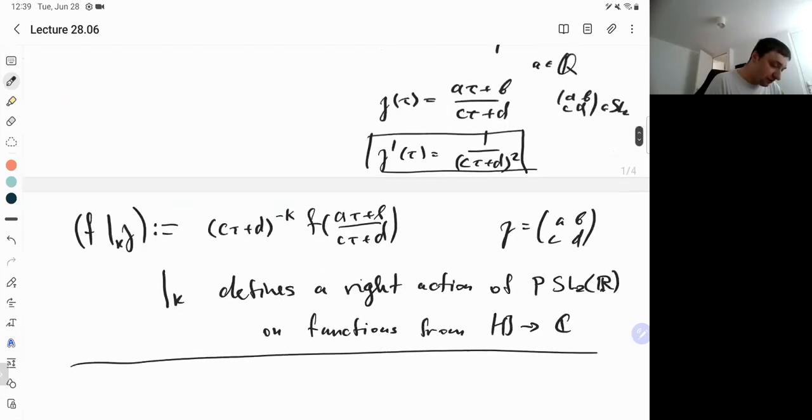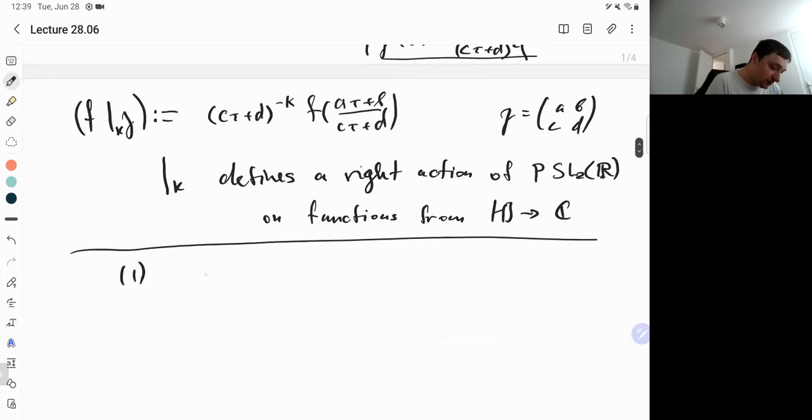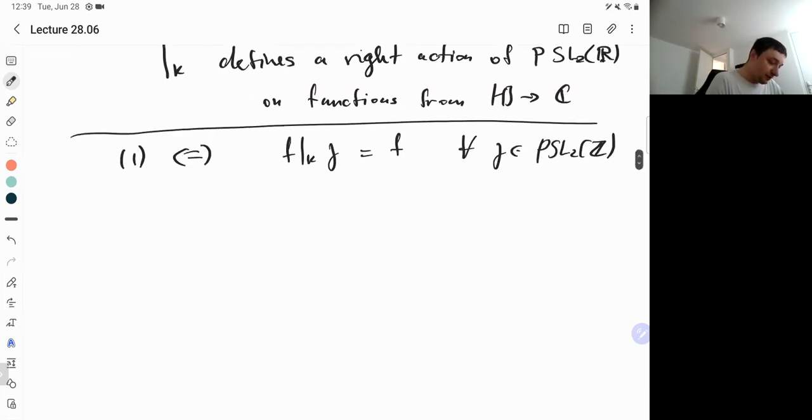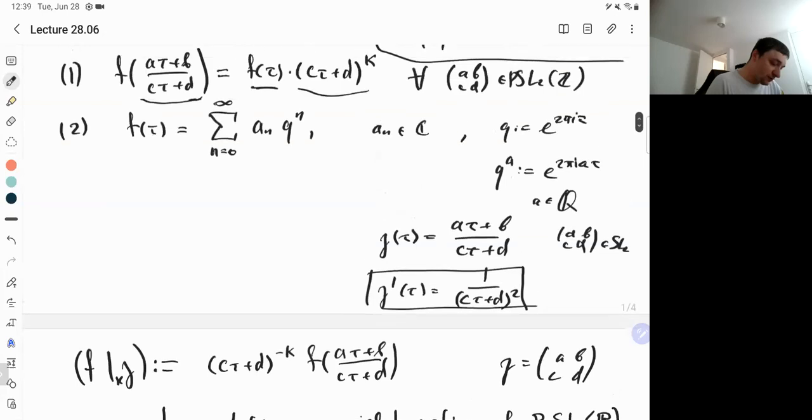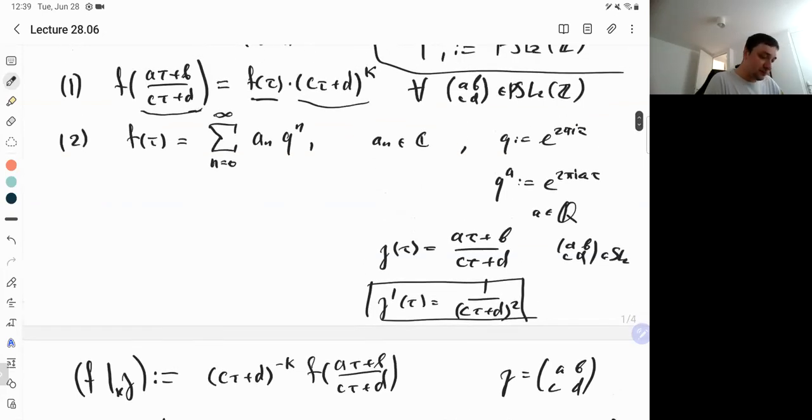So this was the first comment. It means that 1 is equivalent to saying that f slash k gamma is equal to f for all gamma in PSL2Z. And the condition 2, at the moment it's perfectly fine.